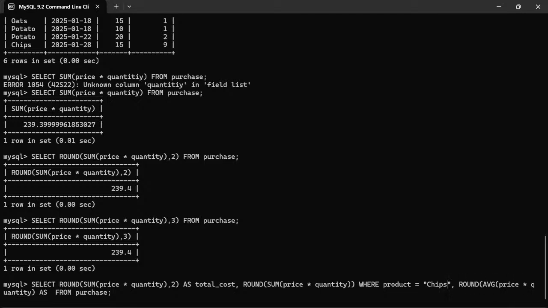I have rounded this, where product is equal to this, as average price.